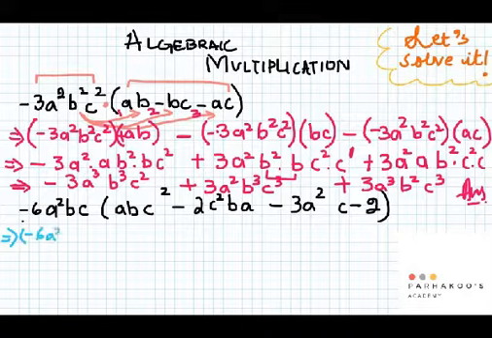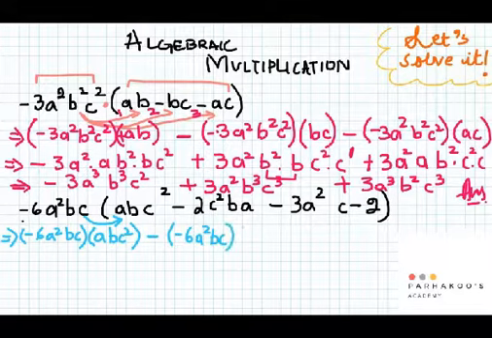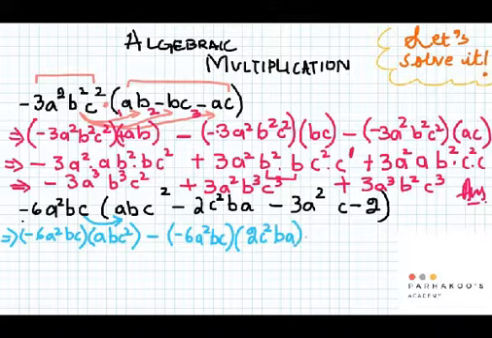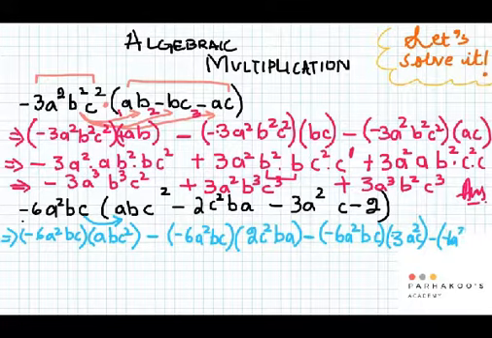Minus 6a squared bc with this, abc squared, minus 6a squared bc, 2c squared ba, minus 6a squared bc, 3a squared c, and minus 6a squared bc into 2.